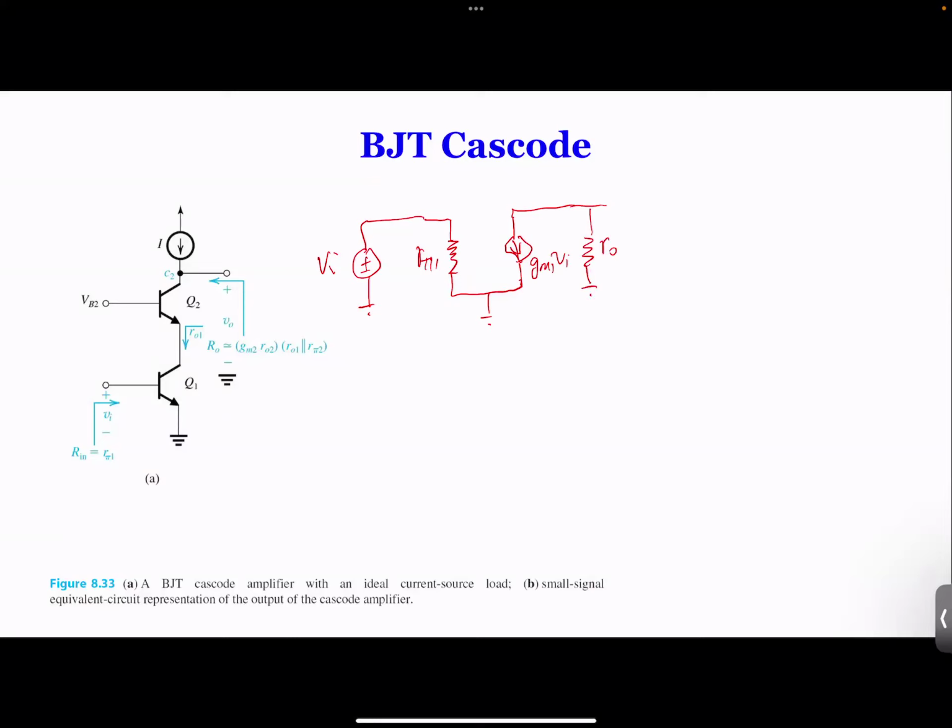But you remember the output in this particular circuit is VB2 instead of VB1, right? So instead of VC1. VC1 is here, but VC1 is connected to VE2 of that circuit. So for this circuit, VB2 is going to be grounded.